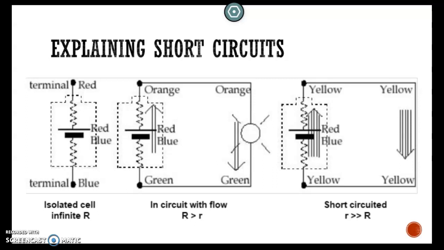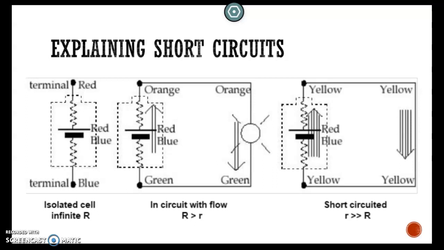And so because these are in series, like I was saying earlier, there's that voltage division between each of the circuit elements, this resistance of the battery and this resistance of the bulb. And so some of the pressure difference occurs inside the battery, and then the rest of it occurs outside the battery. Less of that pressure difference occurs inside of the battery, but some of it still does.